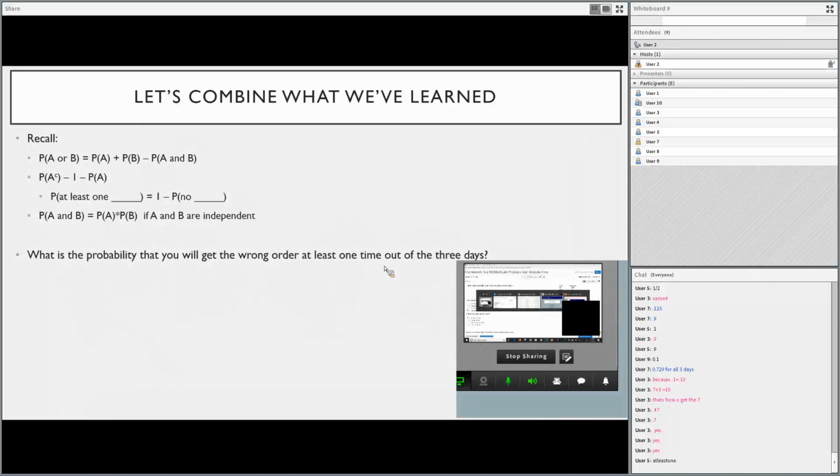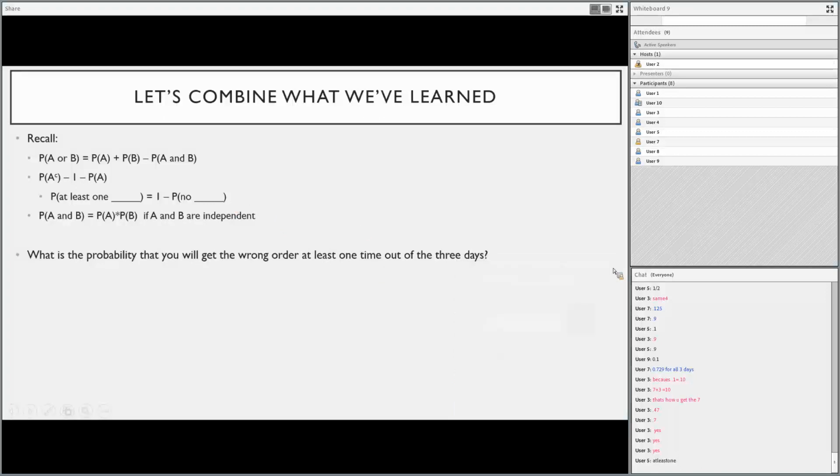At least one, yes. See, I want the probability that I get the order wrong at least one time. So if you see those words at least one, I want your brain to immediately go to this formula right here, okay? Be on the lookout for those words, and if you see them, you go straight to this formula right away, okay? Let me minimize the chat so we don't cover anything.